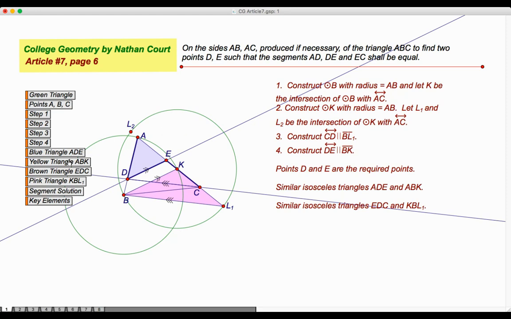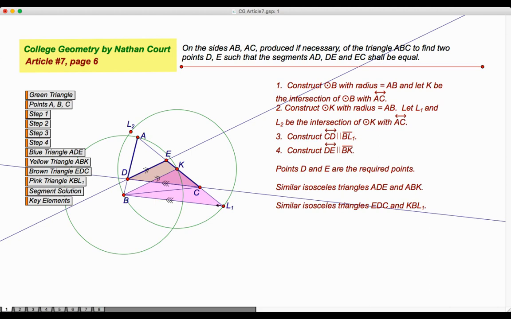Furthermore, the brown triangle DEC is similar to KBL1.